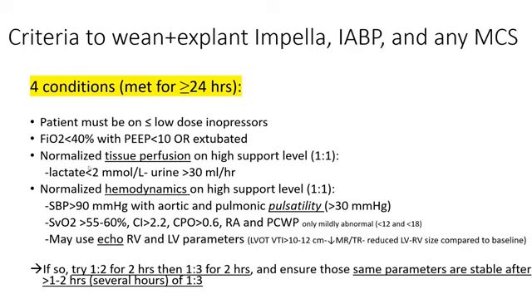And we can individualize. The third very important feature is that you need to have normalized tissue perfusion on the support device. Your lactate has to be less than 2, your urination and your renal function have to be improving. Number 4, normalized hemodynamics. So normalized tissue and organ perfusion and normalized cardiac hemodynamics. Which ones are simply your vitals?